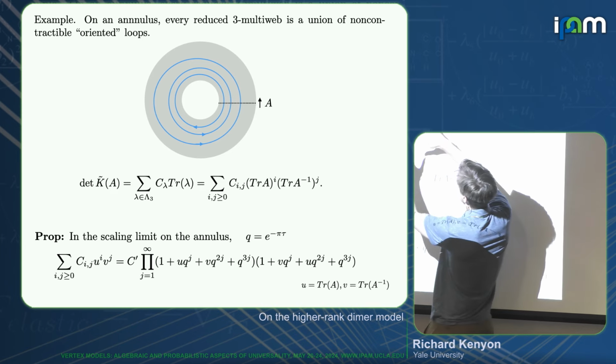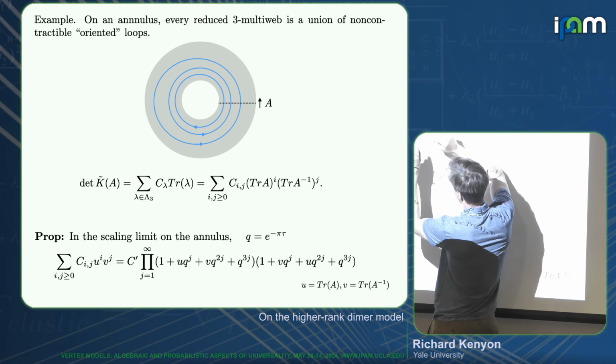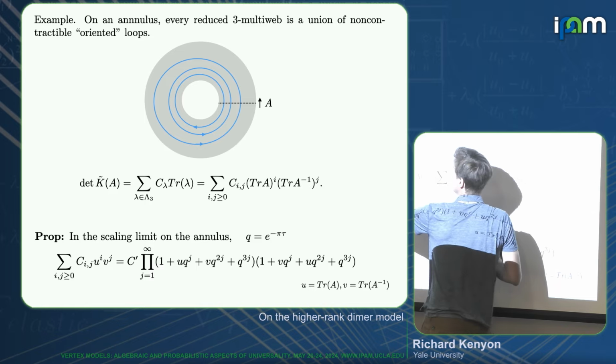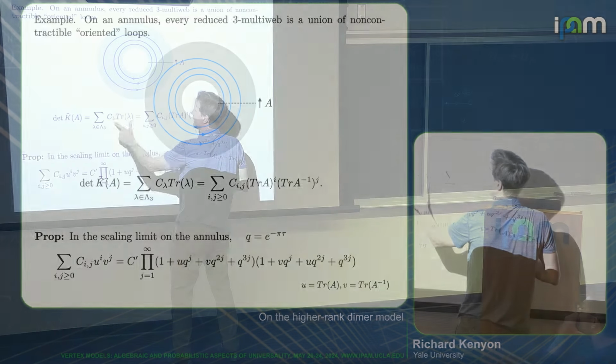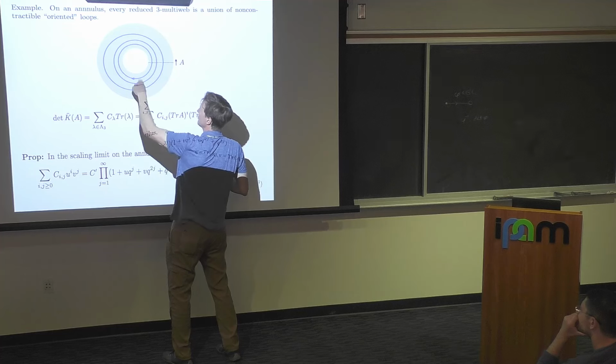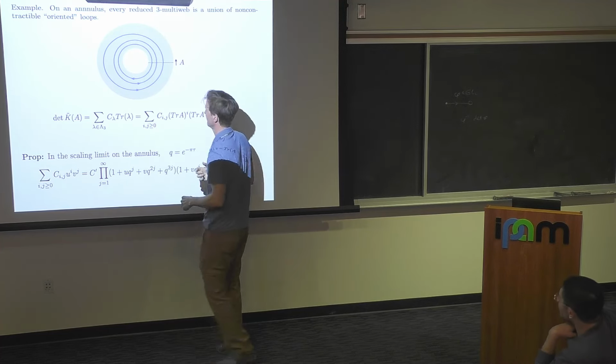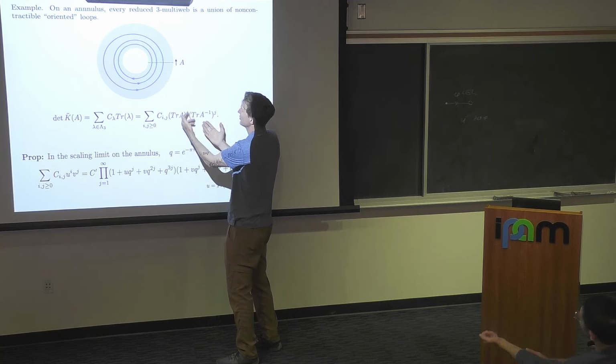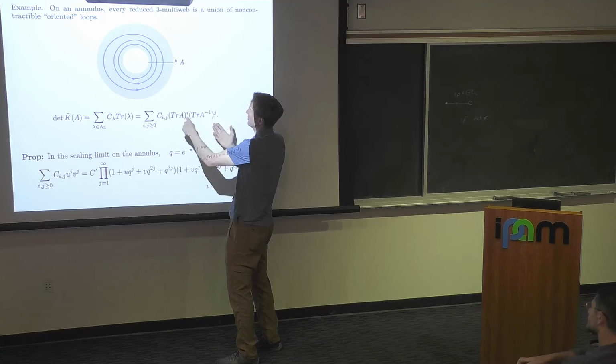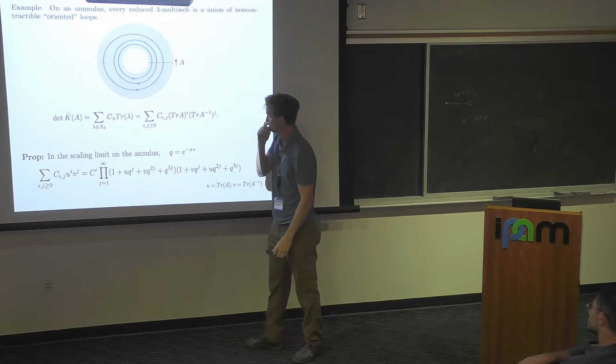And so if I have my graph on an annulus and I take the scaling limit, the determinant, first of all, can be written as a sum over reduced webs, and every reduced web has some number of loops going this way, some number going that way. And the trace of each component is either the trace of the monodromy around the annulus or its inverse.